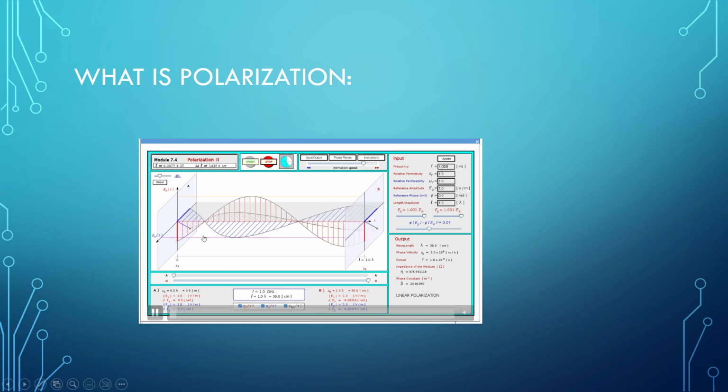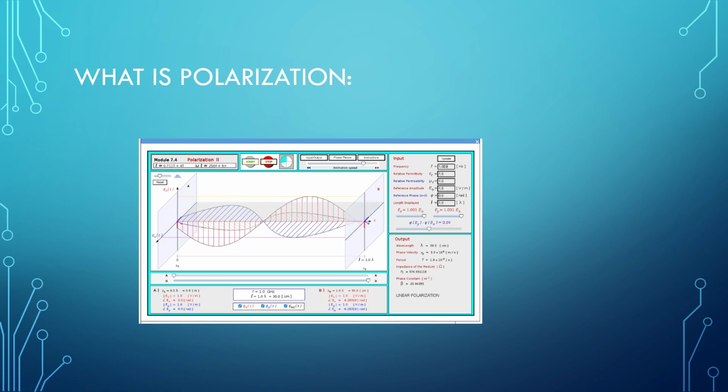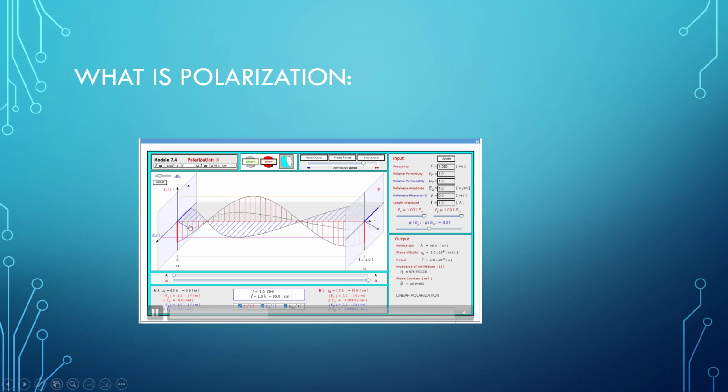As you can see here, this is the trace of the tip of the electric field vectors, and it forms a wave that represents the polarization, which is the third wave here, and it represents the total wave of Ex(t) and Ey(t).